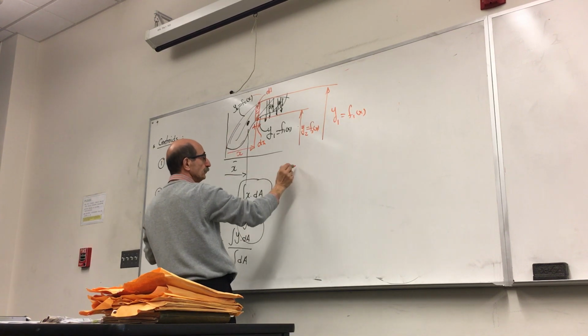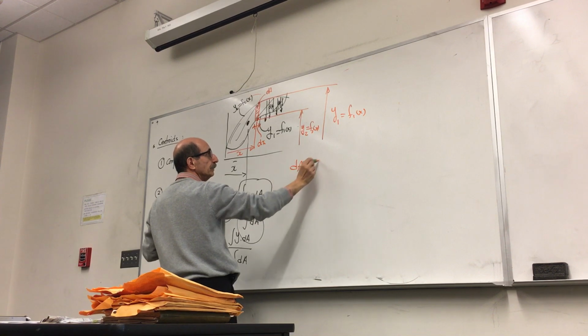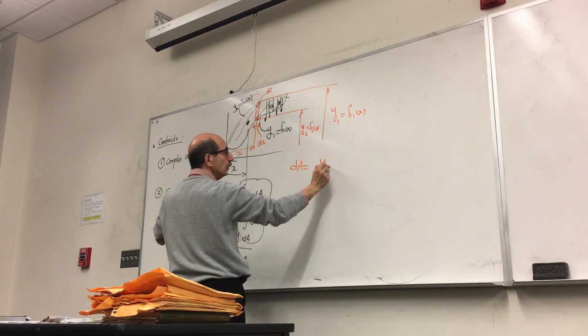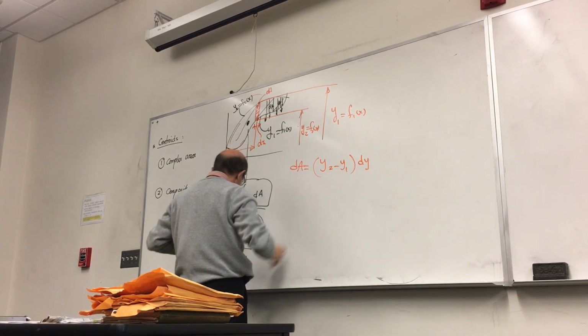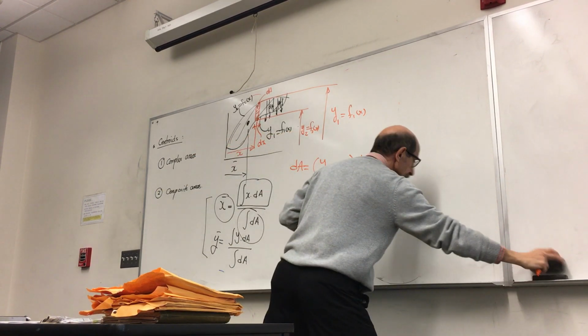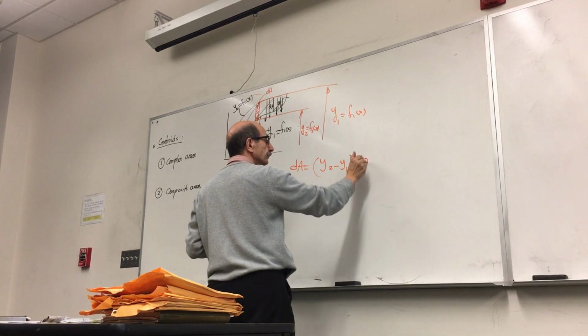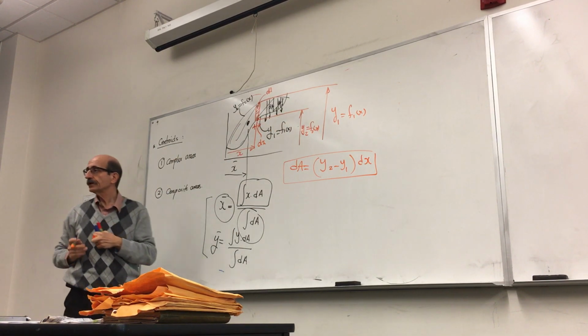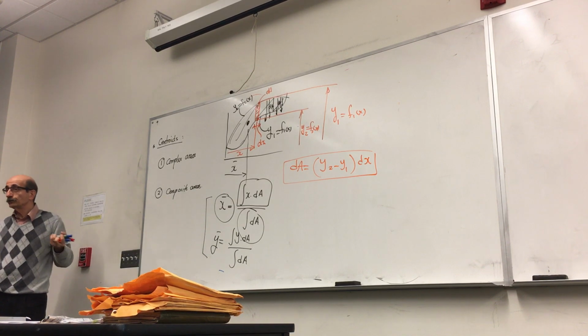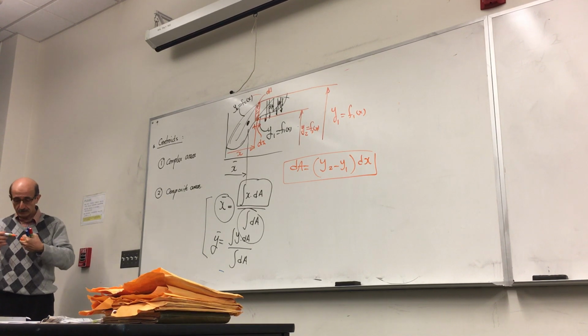You subtract these two, okay? y2 minus y1 times dx, right? That will give you that differential area, okay? So that's what you do for finding x bar.